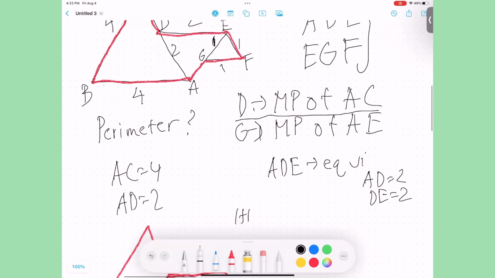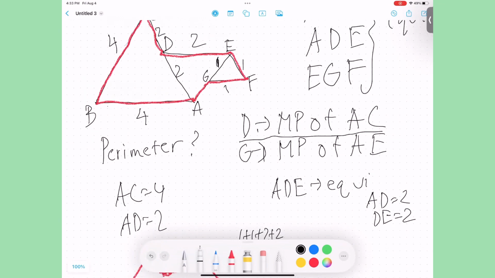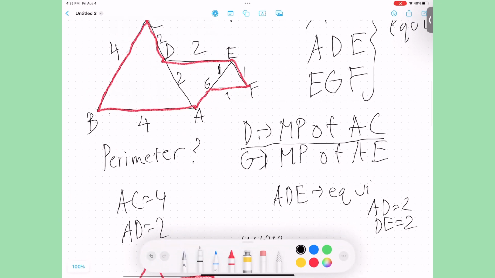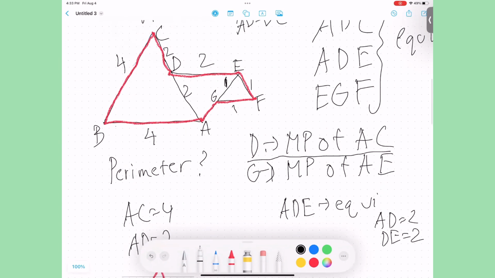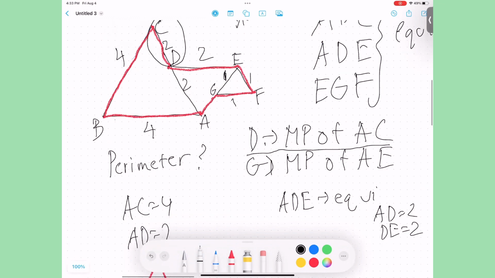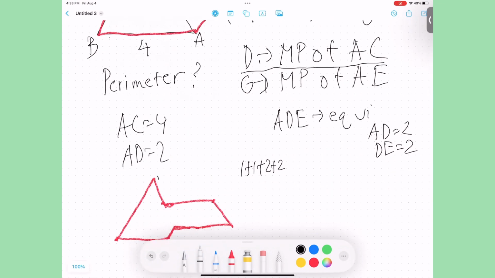And then we have 2 plus 2, because we don't calculate AD, so we calculate everything else, and then we have this 2 here, CD. We count that because this is towards the exterior of the figure, and then we have 4 plus 4. So if you add that up, you get like 15 here.